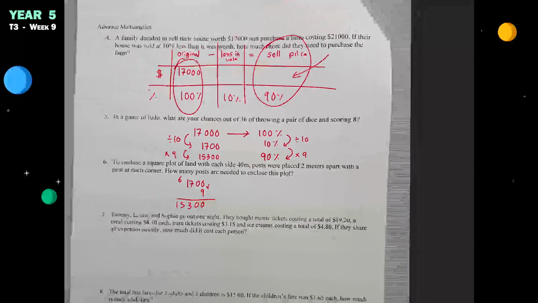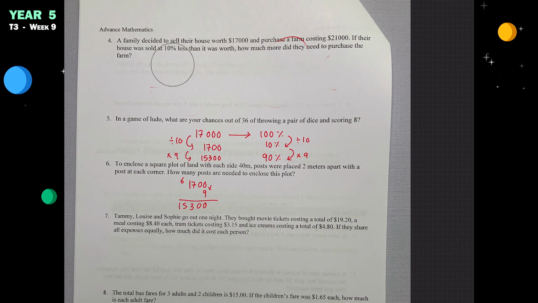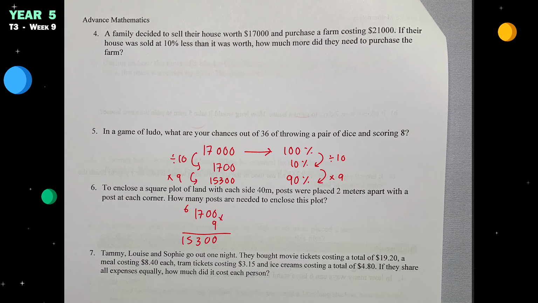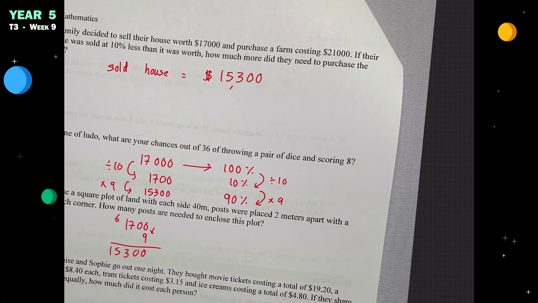Okay, so we just figured out how much the family sold the house for: $15,300. Now they want to buy a farm that's worth $21,000.